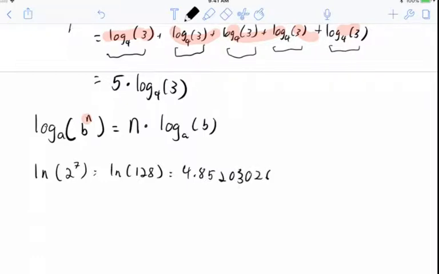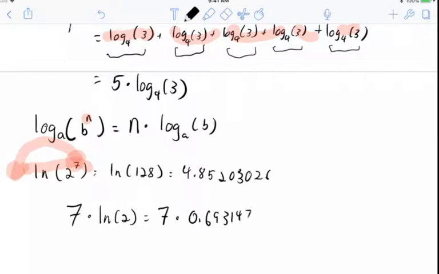According to this rule, I can take our original expression and bring the 7 out front: 7 times ln of 2. So what is ln of 2? 7 times 0.693144718 gives 4.85203026. It's the same. Try it yourself.